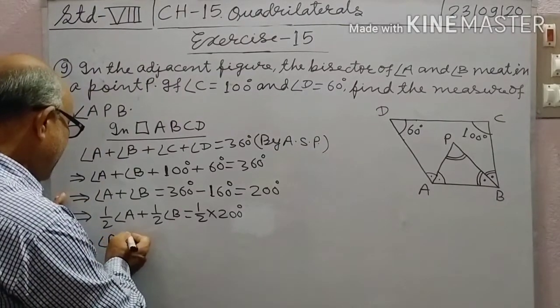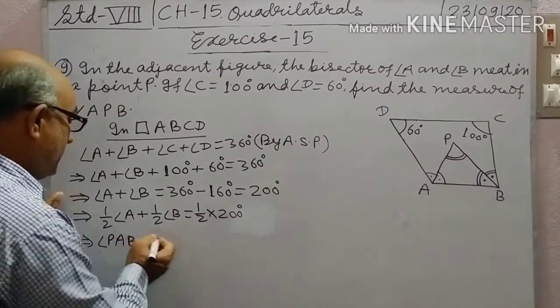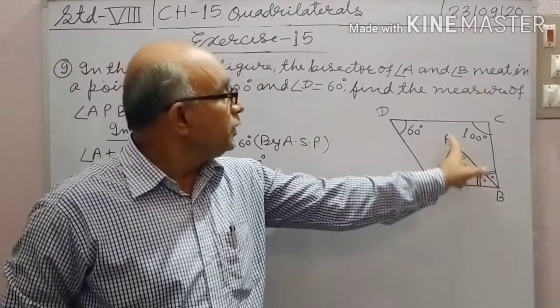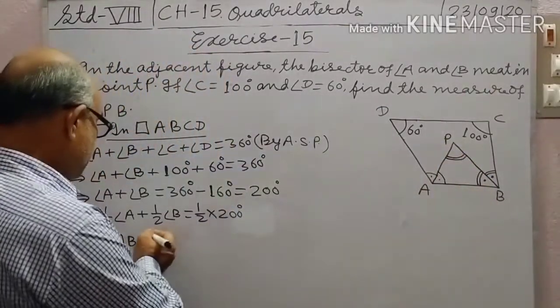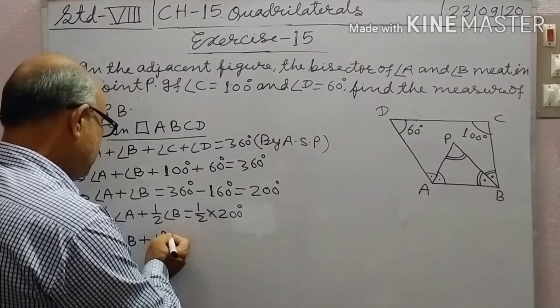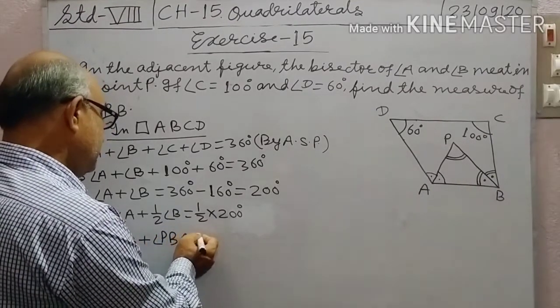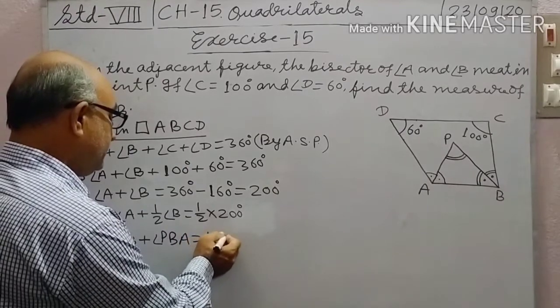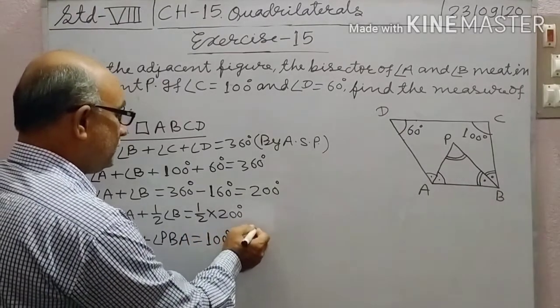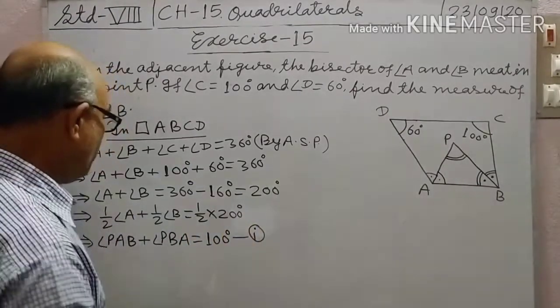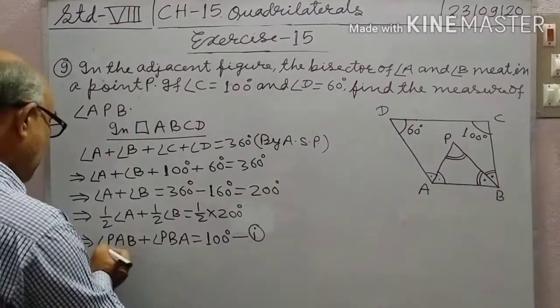Angle PAB plus half angle B equal to angle PBA, equal to 100 degree. Equation 1.